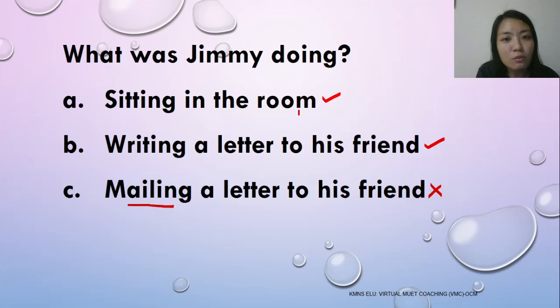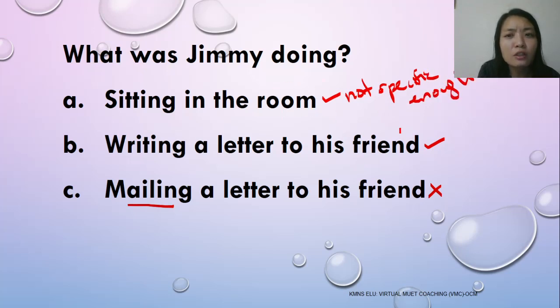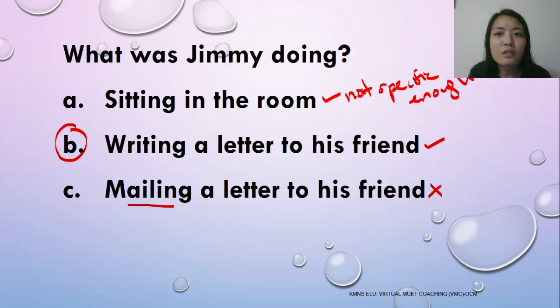Here we know that sitting in the room is correct, writing a letter is correct, but sitting in the room is not the only thing that he is doing. He was also writing a letter. If he's sitting in the room, he could be doing other things as well. So this option is not specific enough. Therefore, this answer is a bit more wrong compared to this. So I'm going to go for answer B. Because this one is a bit more wrong compared to this.